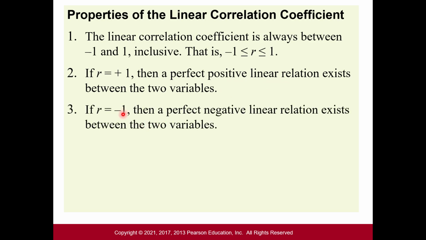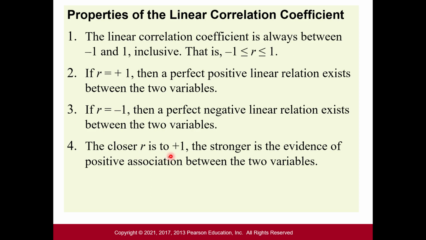If it's equal to -1, we call that a perfect negative linear relation. These are true because, say it's +1, for every increase of 1 in our explanatory variable, our response variable increases by 1 as well. Very much the same for the negatives.